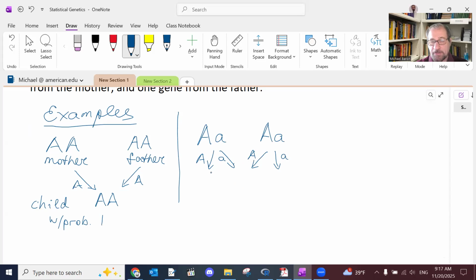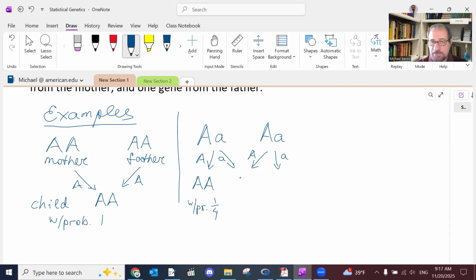So the child can have any of the 3 combinations. What's the probability that the child will have both dominant genes? What do you think? Probability 1/2 of receiving the dominant gene from the mother, probability 1/2 from the father. So overall, probability 1/4.